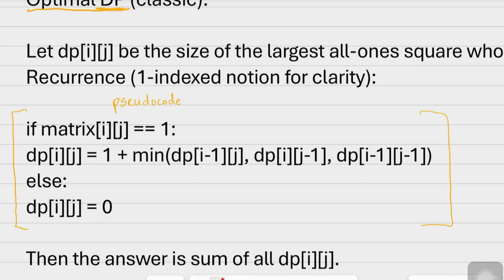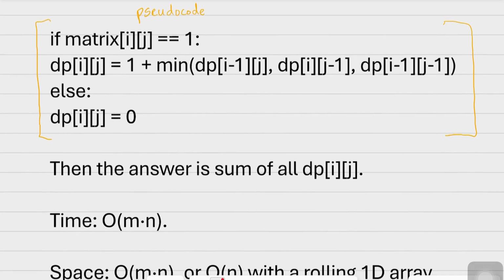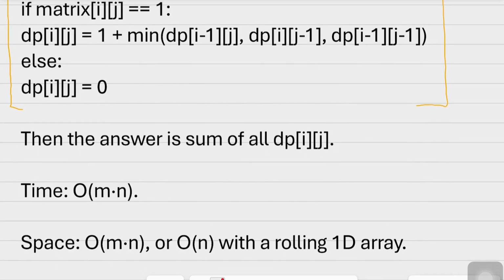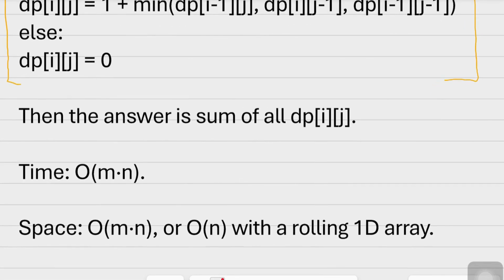Else, dp[i][j] equals 0. Then the answer is the sum of all dp[i][j]. Time: O(m times n). Space: O(m times n), or O(n) with a rolling 1D array.